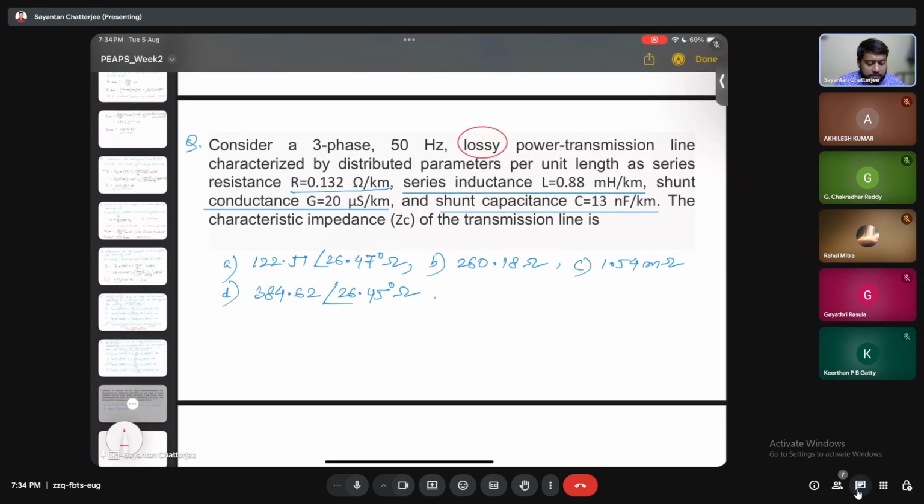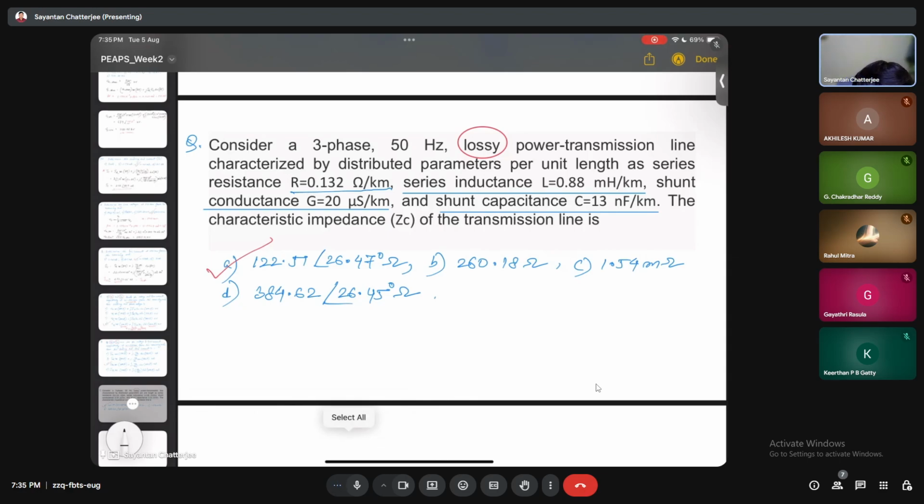A is the correct answer. So for a lossless transmission line, we have directly the equation ZC is equal to root under L by C, but here it is lossy. So the calculation is a hectic one, nothing else.